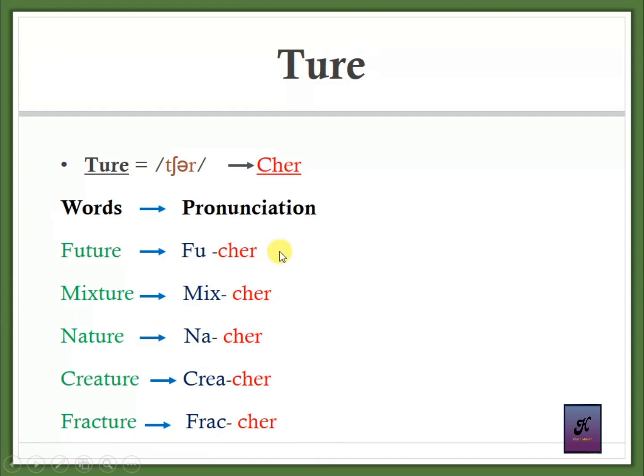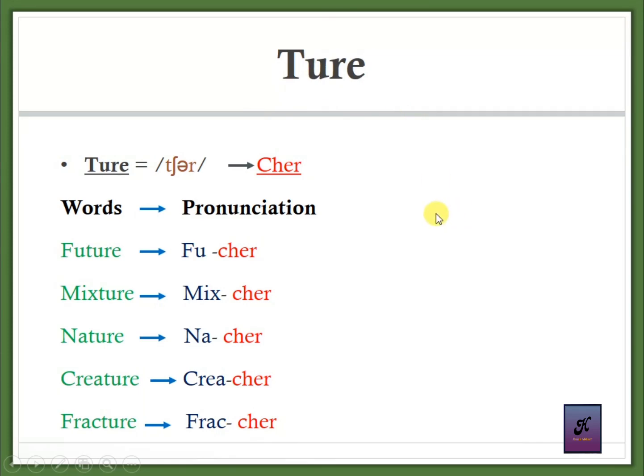Okay, let's have another word to understand the meaning more. If we have mixture, the same T-U-R-E gives you the chur sound. Nature, creature, fracture. This is the chur sound, the first final syllable we have.